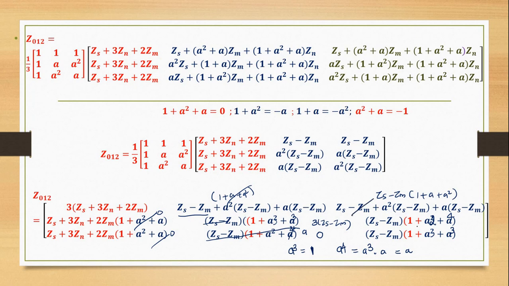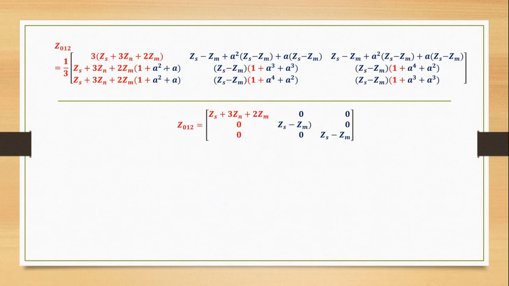And this is equal to 1 plus A square plus A, this is also 0. Here 3 into Zs minus Zm. Here A cube.